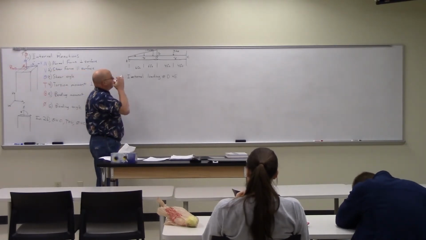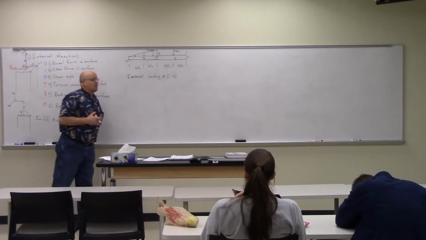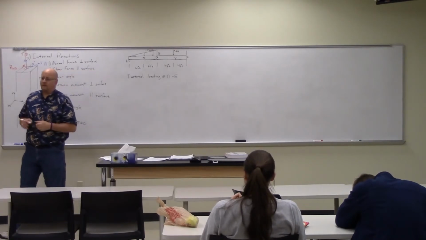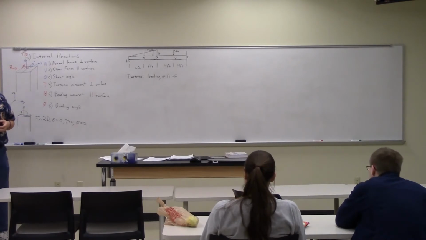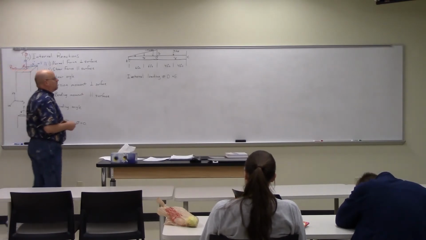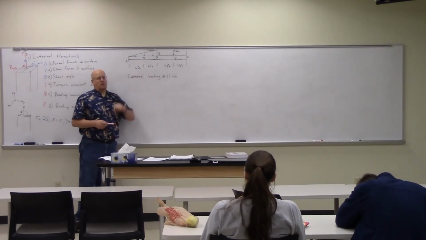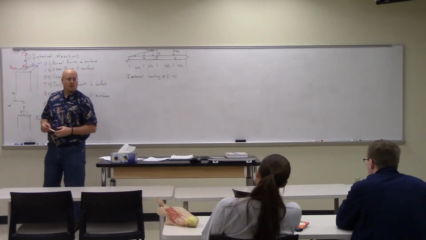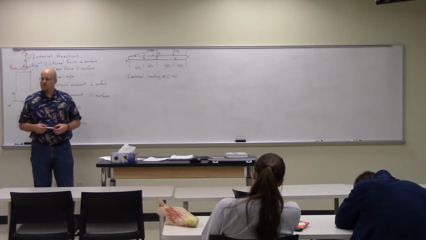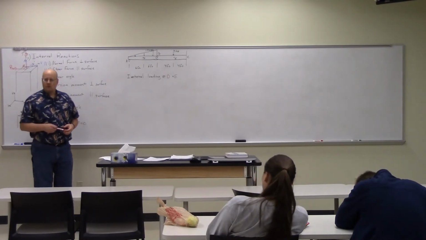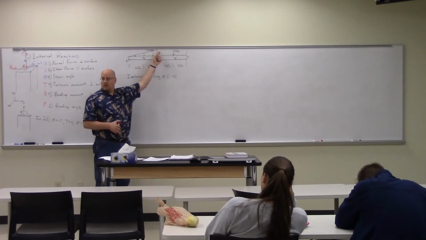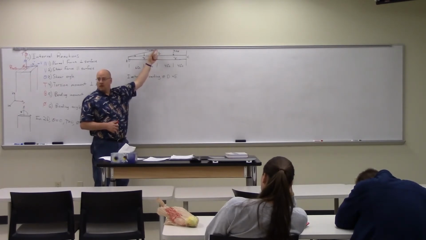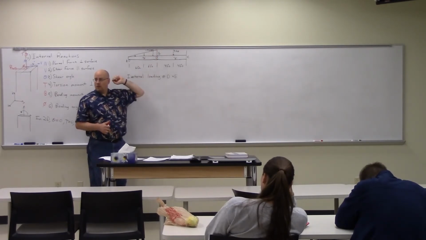So you have 1.5 kip per foot. What is the resultant force going to be? The peak value, 1½ kip per foot, distributed over, what's the total?